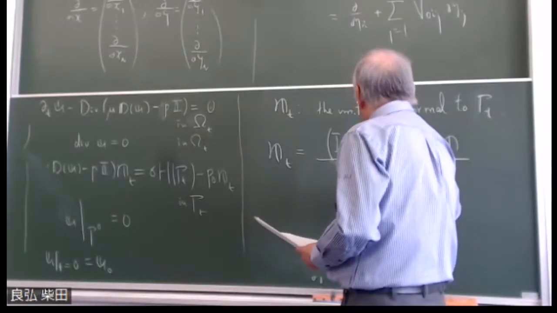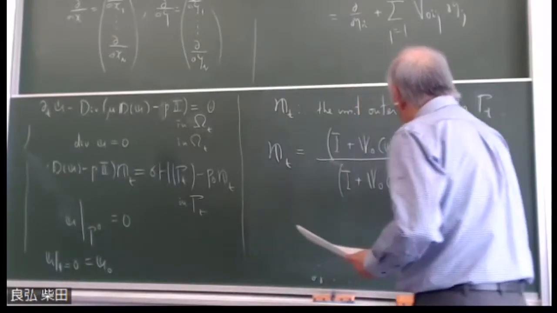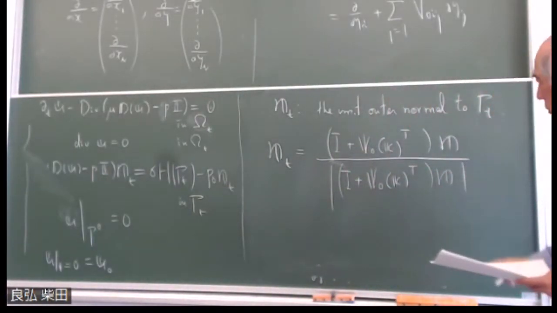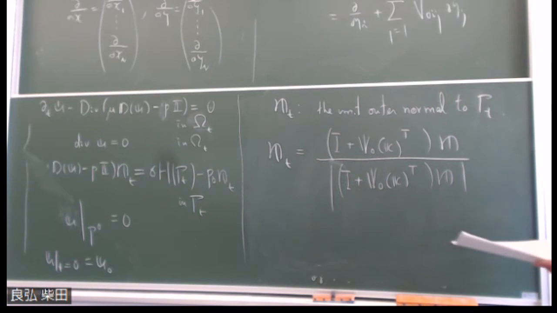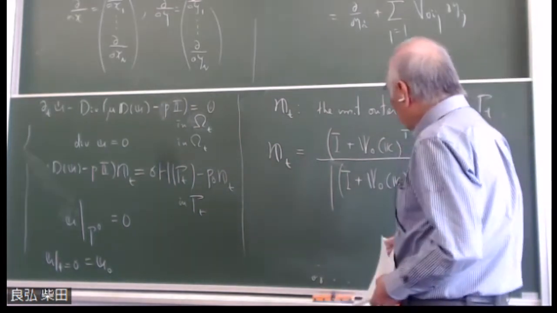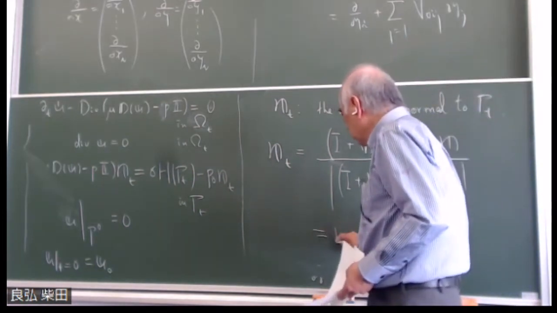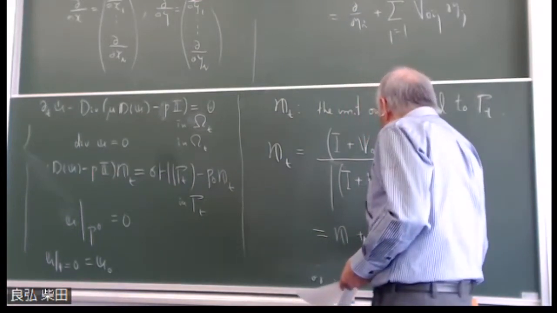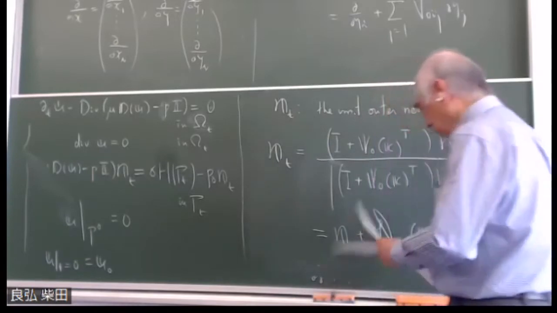Therefore, divide this vector by the length of this vector. And then, for later use, I also write this as n plus e n.